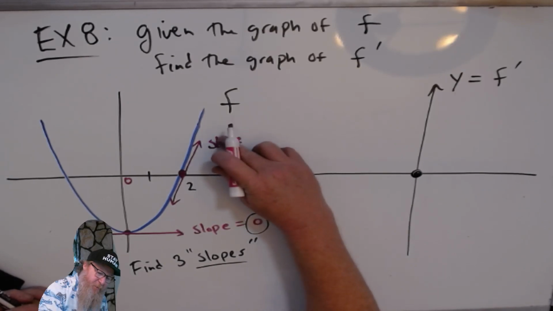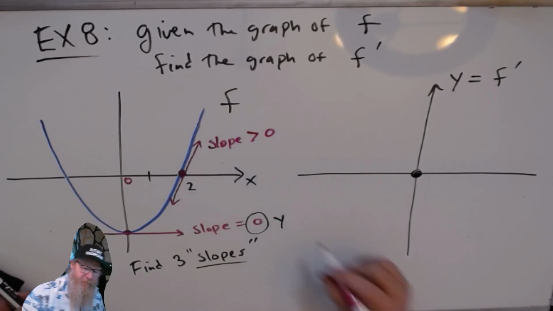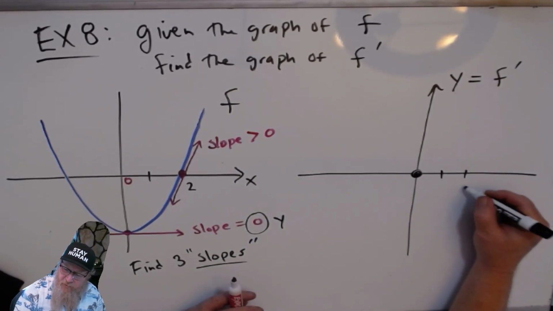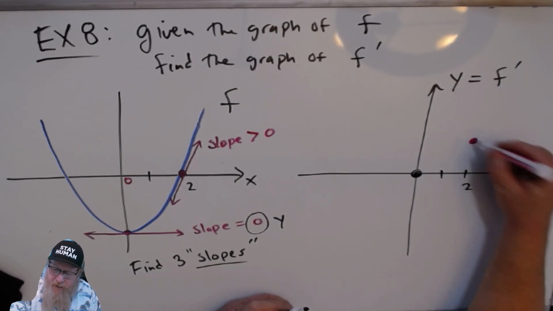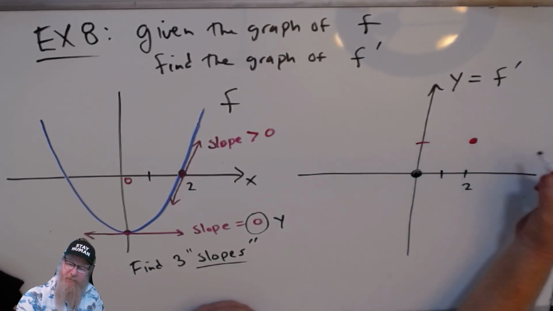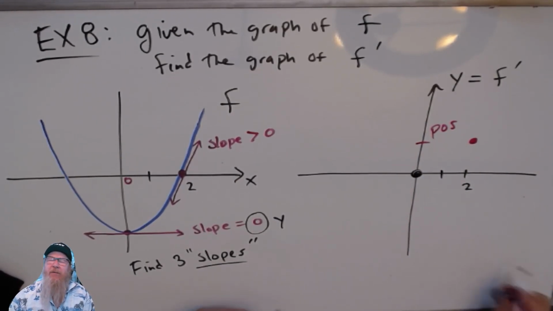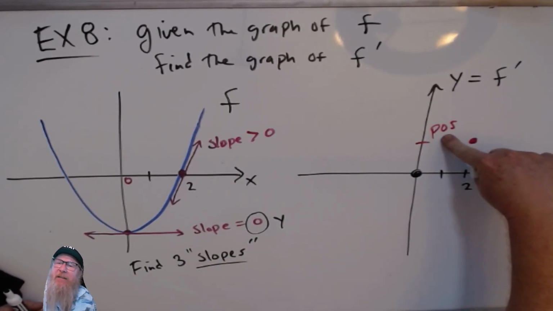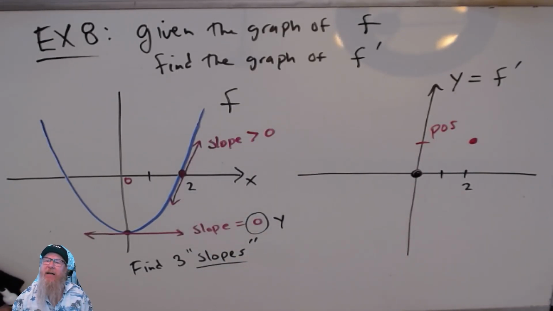The slope is positive. So at x equals 2, I have to have some positive number. I don't know what it is. If I wanted to know exactly what this positive number was, then I would have to measure this exact slope, or at least approximate that slope.